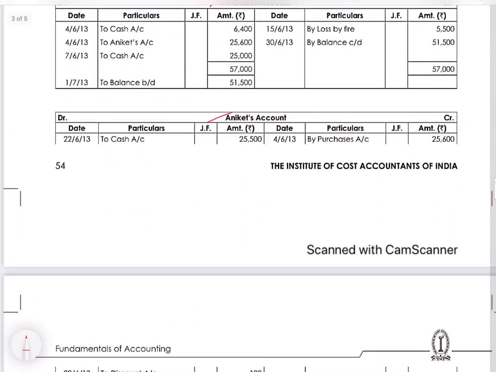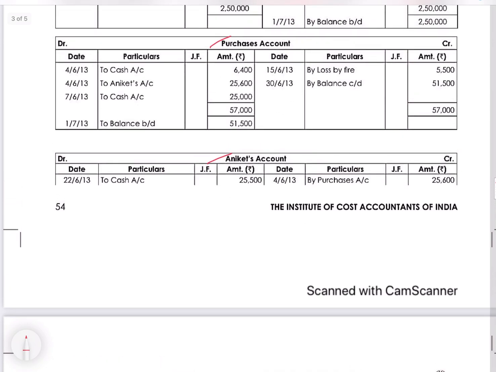On the debit side I am writing 32,000, with the breakup: 6,400 paid in cash and 25,600 credited to Aniket's account. But the full 32,000 is debited to purchases account.